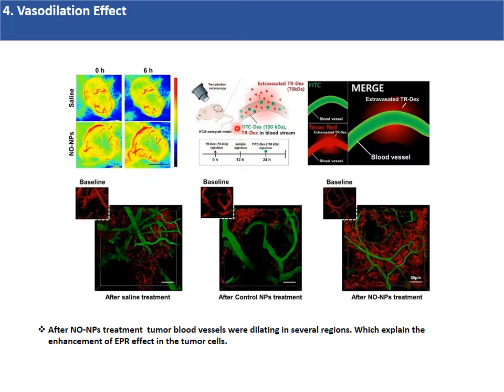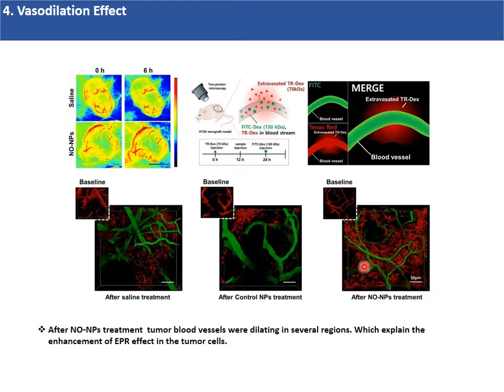The two-photon microscopy data show, with the blood vessels and Texas Red in the tumor blood vessels, that nanoparticle treatment induced much more extravasation of TR-dextrin into the tumor tissue, implying higher permeability compared to the control nanoparticle and saline treatment.